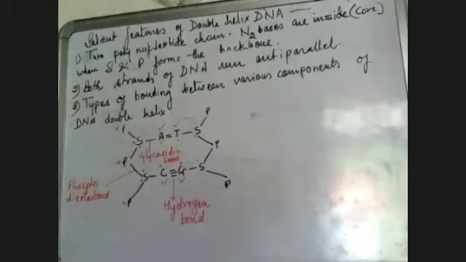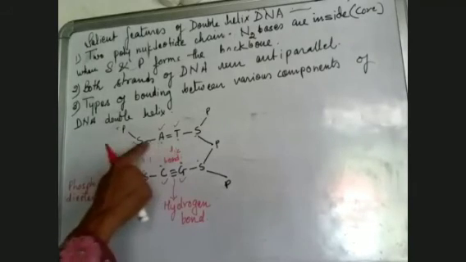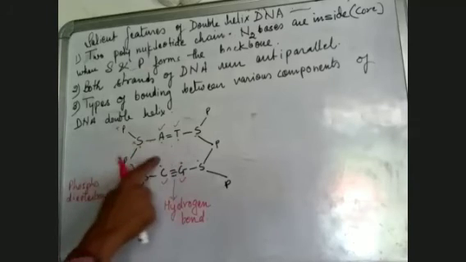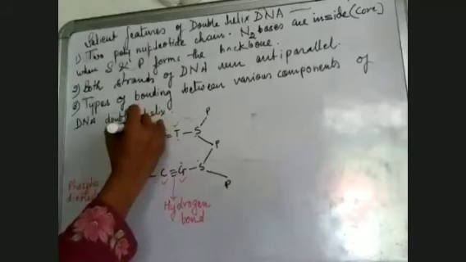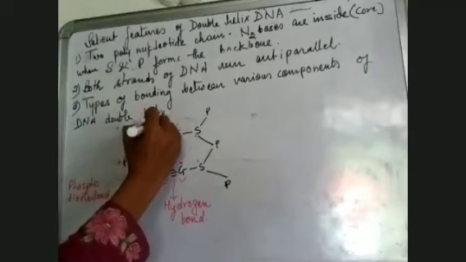When we say distance between two base pairs, what do we mean by this? I'll write glycosidic bond up here because I want to show you the distance between two base pairs. Now this is the glycosidic bond, which I am writing here.